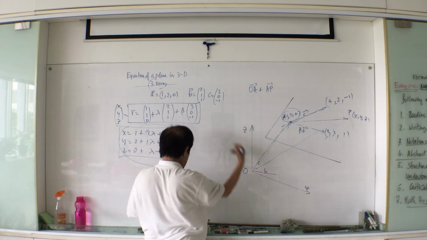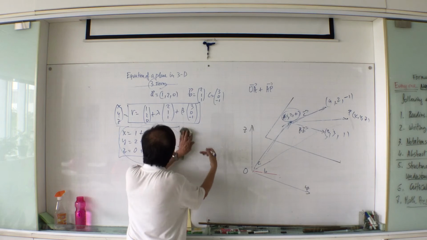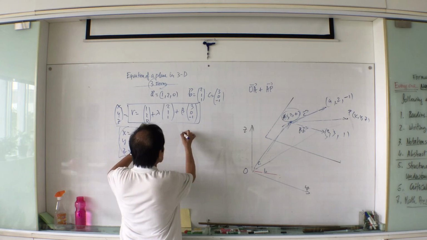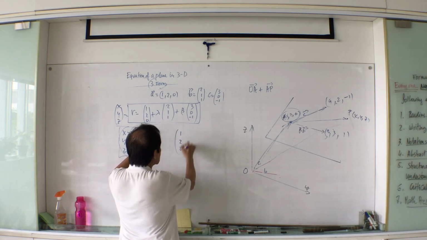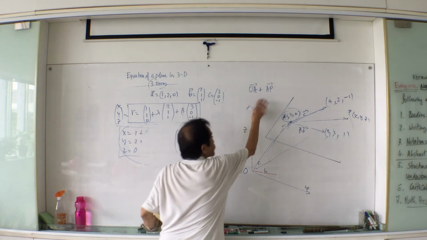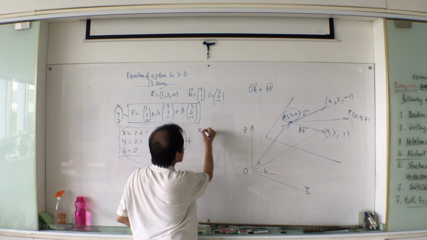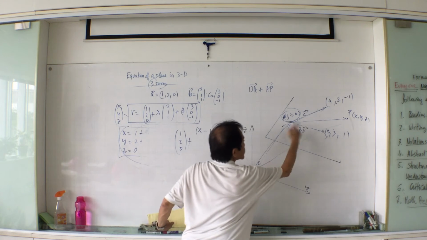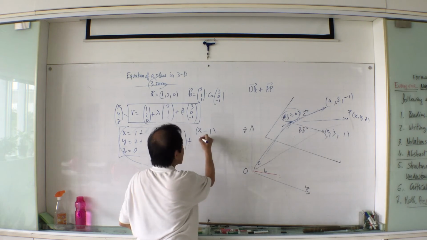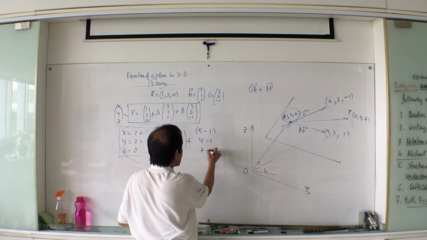So I have the vector OA equals 1, 2, 0, and I add with AP, which is x minus 1 for this component, y minus 2 and z minus 0.